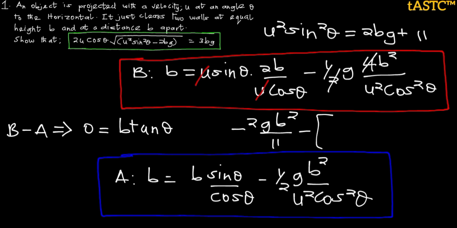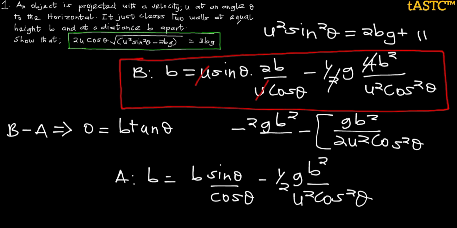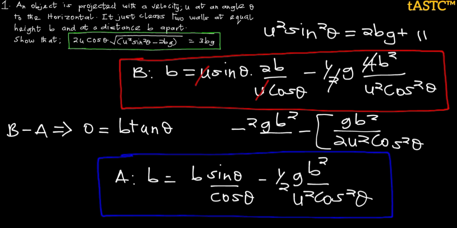So that will be minus this stuff, which is actually going to be gb squared divided by 2u squared. Well, so this should be square theta. I think I just need to write this out. So this is going to be u squared cosine squared theta.